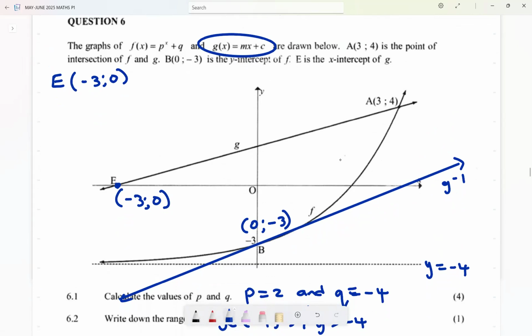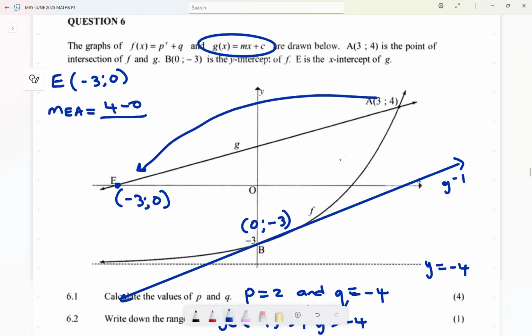And then I can find now the gradient. Gradient of EA is going to be y, 4 minus 0, and then 3 minus -3, which is 6. So it is 2 divided by 3.